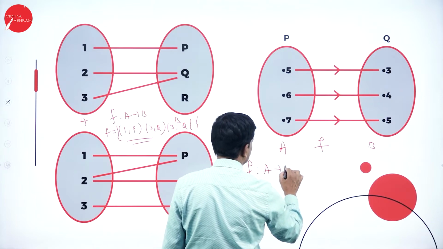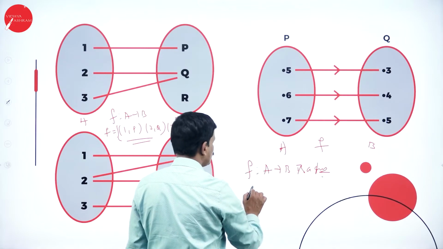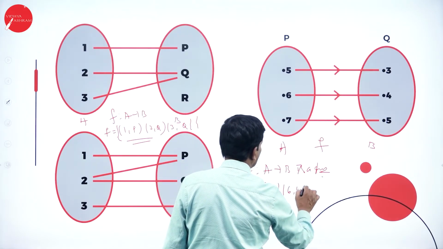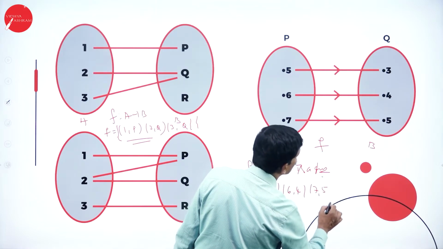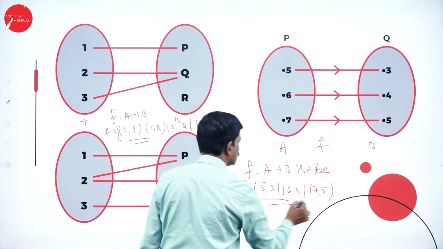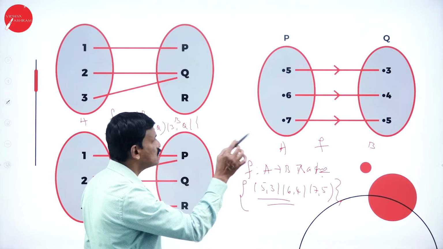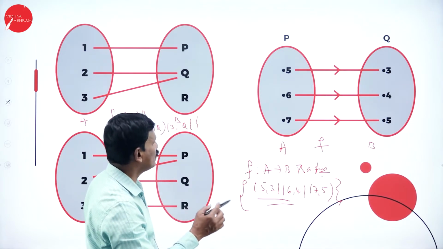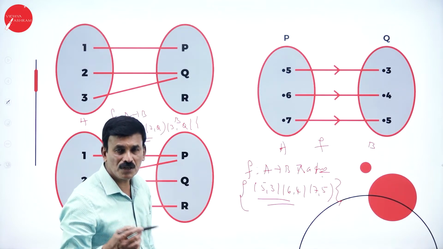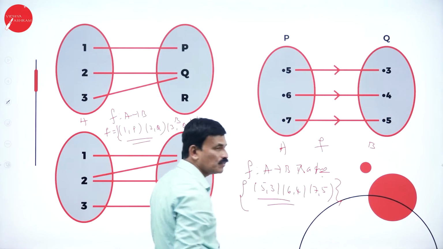See the map: (5, 3), (6, 4) and (7, 5). So 5 is related to 3, 6 is related to 4 and 7 is related to 5. There is a unique association. No element of A has been used two times. Therefore, this is a one-to-one mapping.